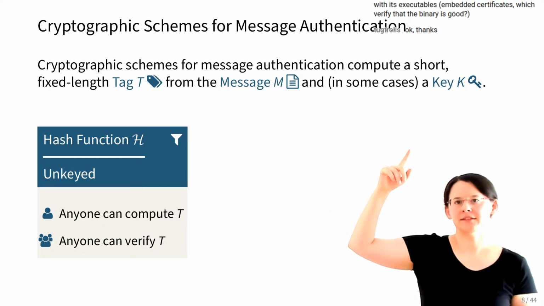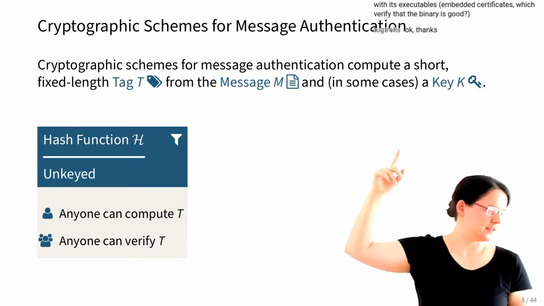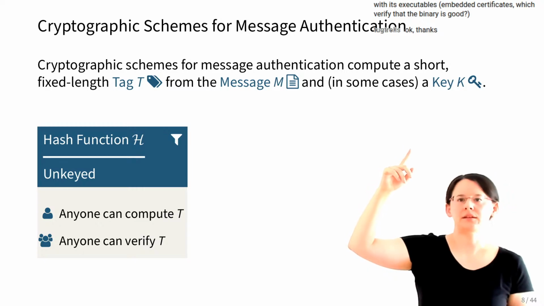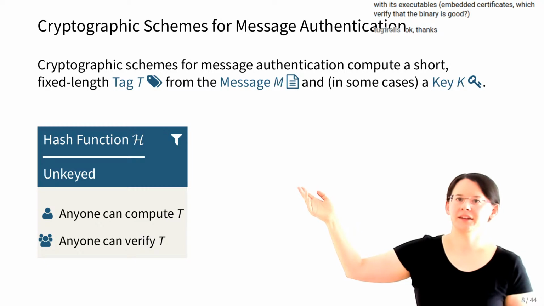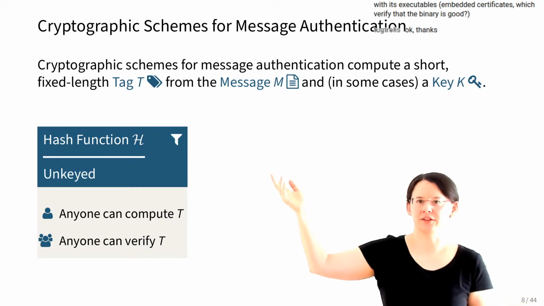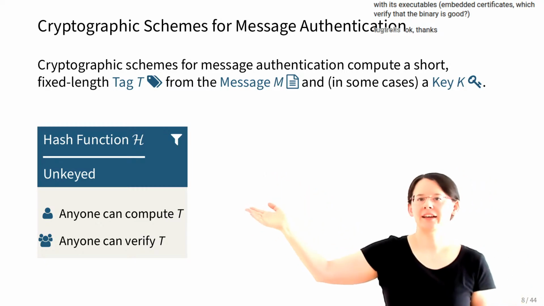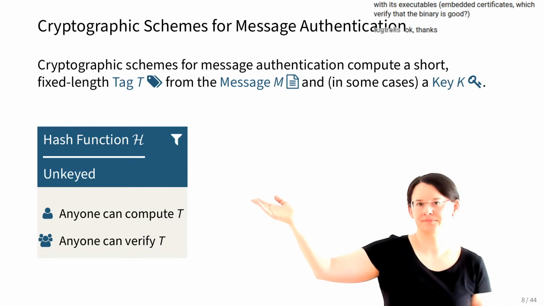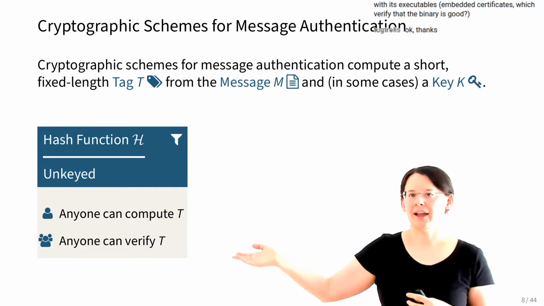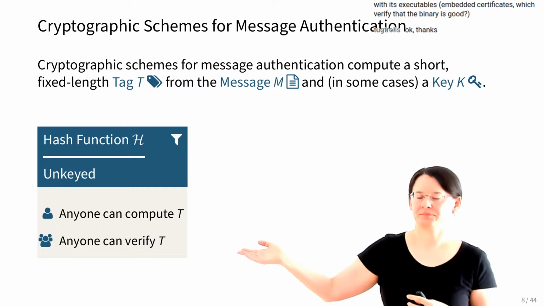And in some cases, computing this tag requires some sort of key. The first type does not require this sort of key, and that is, as I already mentioned, a hash function. The idea here is that anybody can compute the tag, which is the value, the MD5 value, for example, that we saw earlier in the files example, but also anyone can verify it.